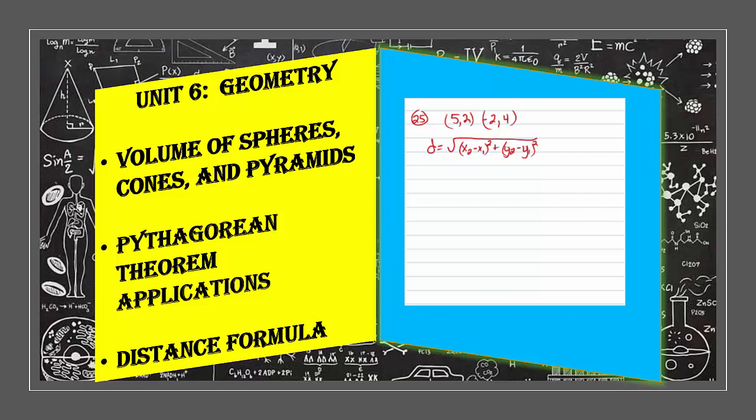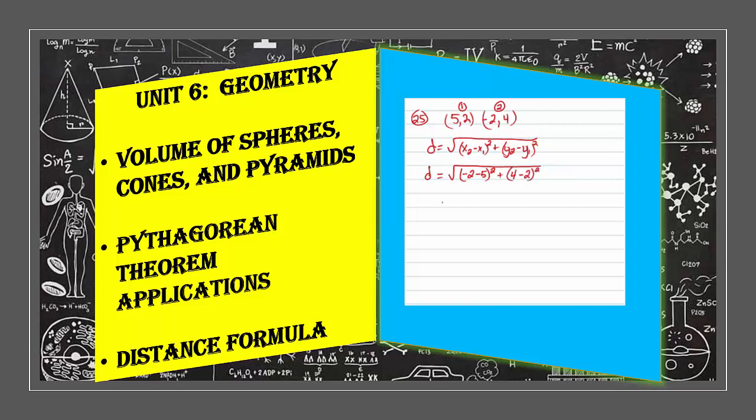So d is equal to, I'm going to label my ordered pairs, first ordered pair, second ordered pair. So my x2 would be -2 minus my x1 would be 5 squared, plus my y2 would be 4 minus y1 would be 2 squared.